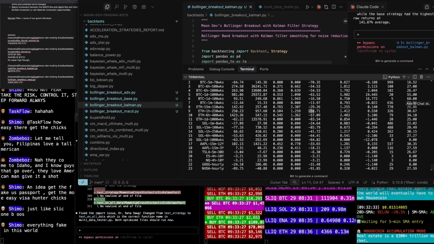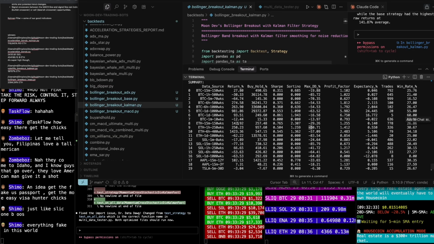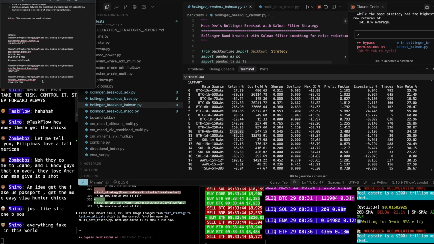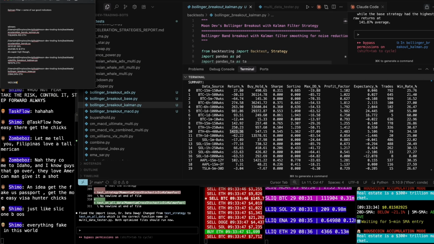Drawdown 50%. 142 plus 1423. That could be a good one, but 1423 here. Percent ETH.